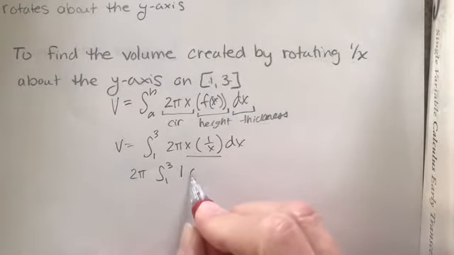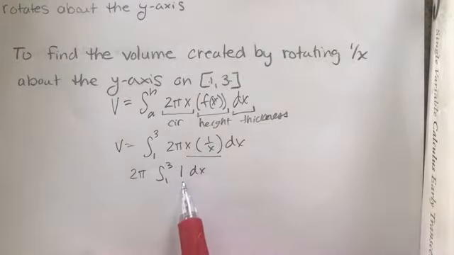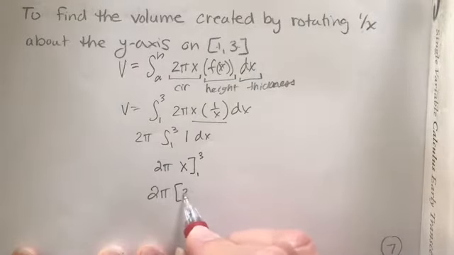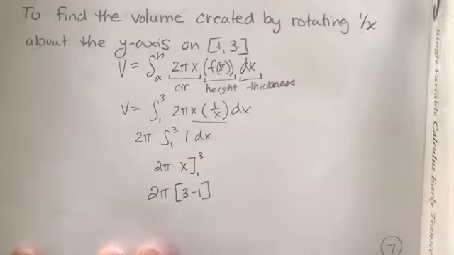You just get 1 dx, which is weird. When you integrate 1, it just turns into x. So we're going to evaluate x from 1 to 3 and multiply that by 2 pi. So we're just going to have 2 pi times 3 minus 1, or 2 pi times 2, and we get an answer of 4 pi. So that's the answer for example number 1.